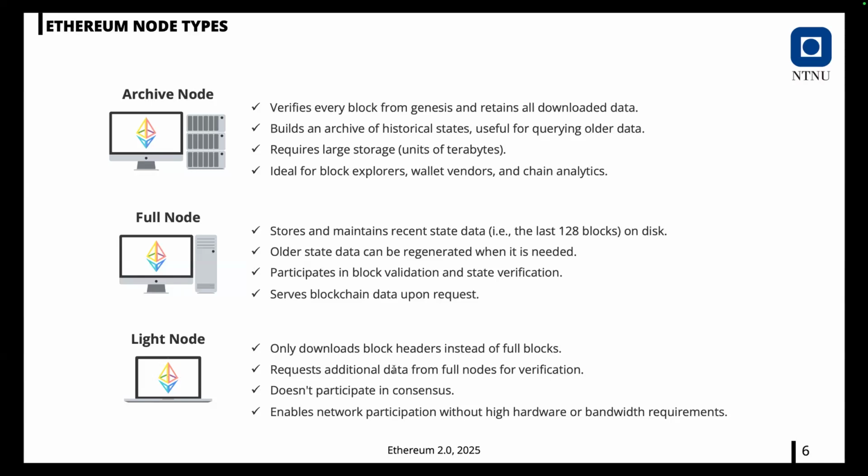You don't load all the transactions. You only load the transactions that you are interested in, and you cannot participate in the consensus because you don't have the ability to validate everything. You don't see the full picture, right? Here you can participate in validation, and you vote on the blocks, but you not necessarily can generate or propose blocks, right?